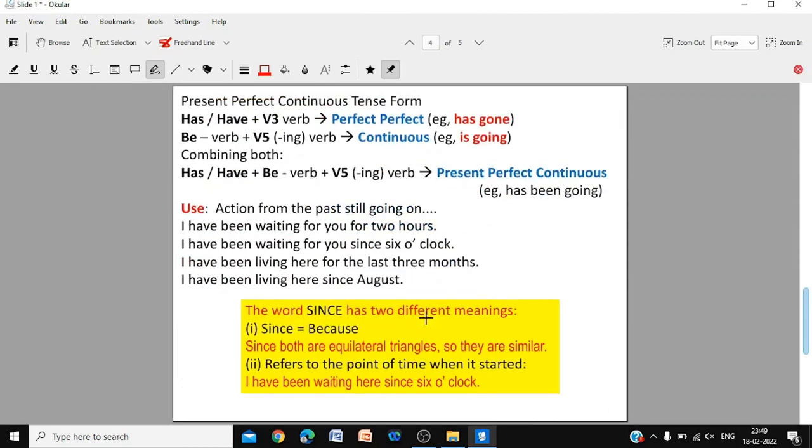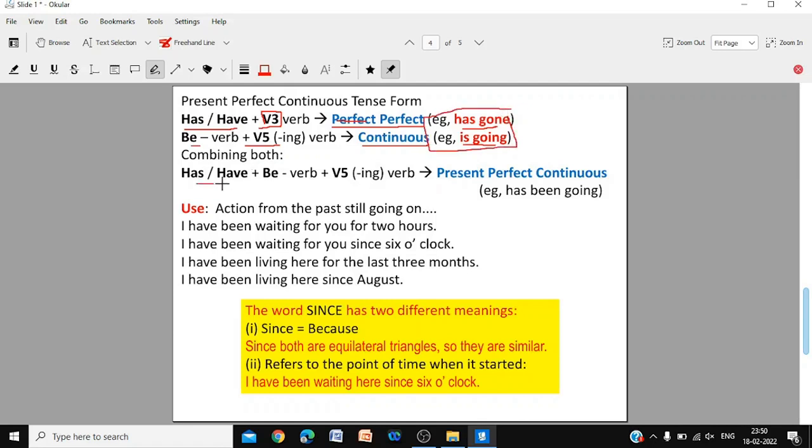Now we have the present perfect continuous form. Has or have followed by a V3 verb makes a perfect tense, for instance, has gone. And a be verb, is or am, followed by V5 or ing ending verb makes a continuous or progressive form, like is going. Now what will happen if we combine these two?